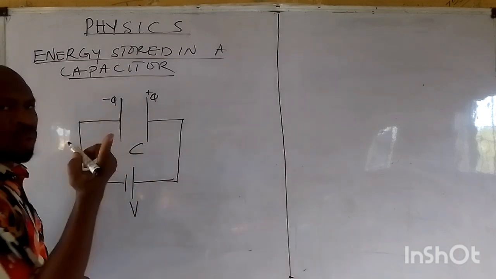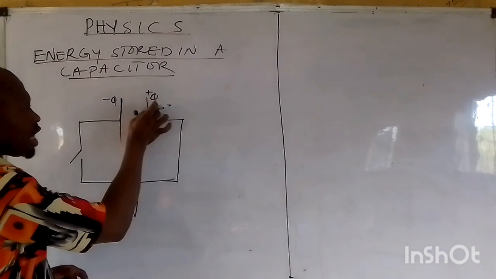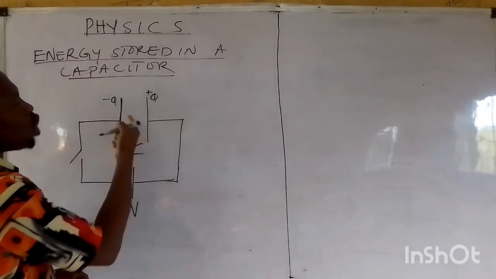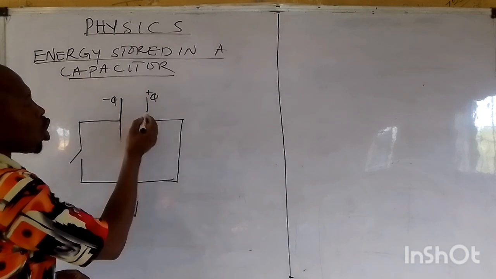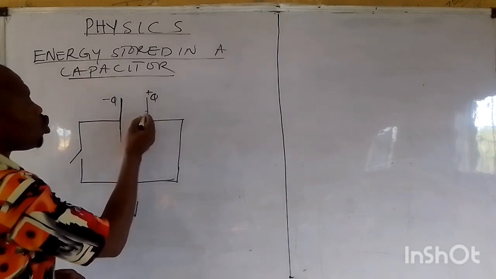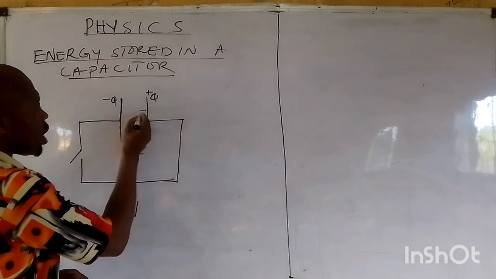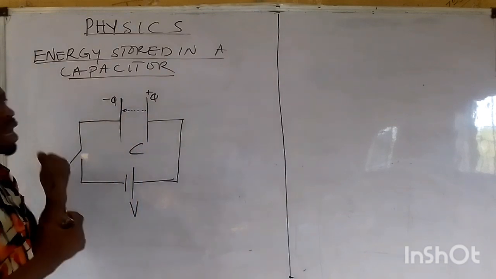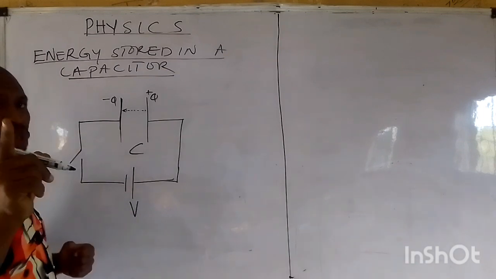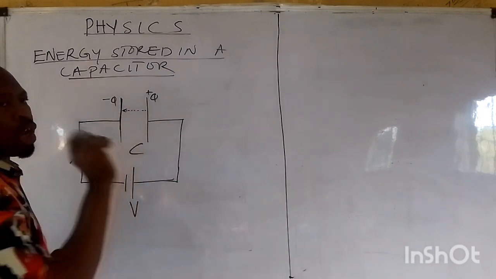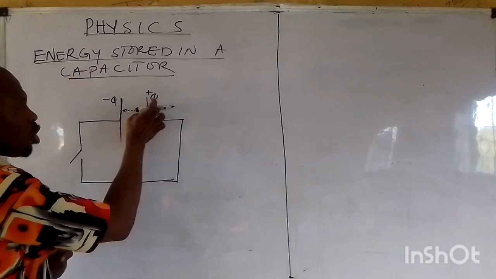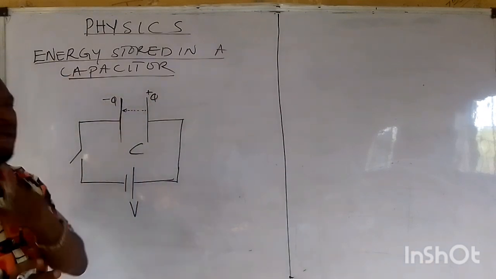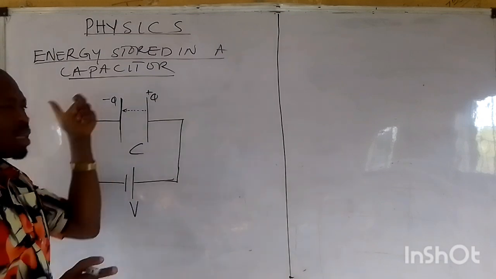Assuming this is a charged plate and this one is an uncharged plate, if you want to charge this one, we need to do some work to move charges from here down to this plate that is uncharged. That work that we need to do in order to carry charge from a charged plate to an uncharged plate to store it there is what we refer to as energy stored.